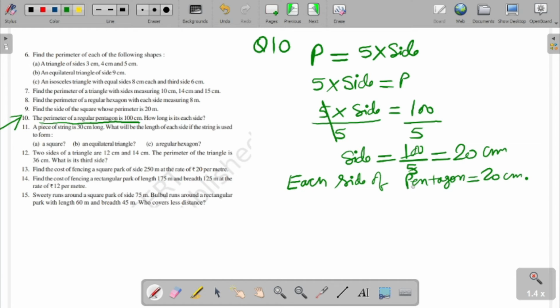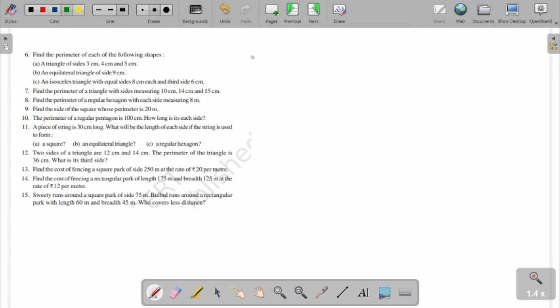Now we move to question number 11. In question number 11, you can see a piece of string 30 centimeter long.